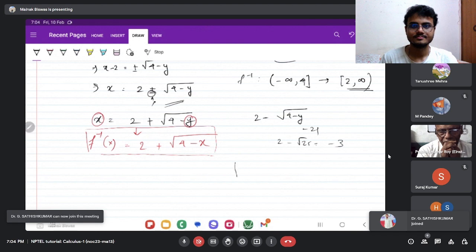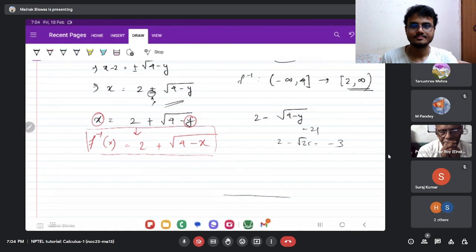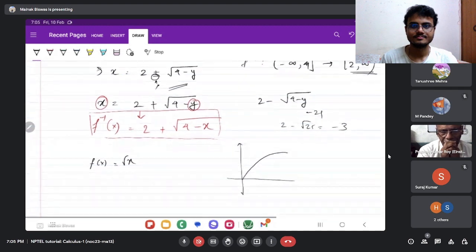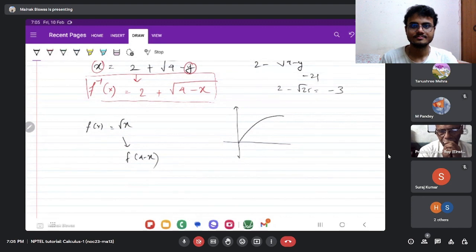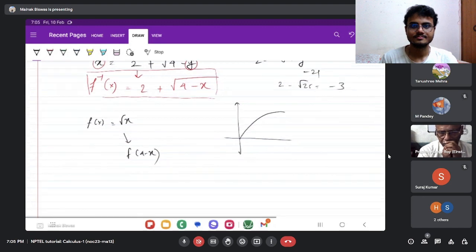So please someone tell me how to plot this one. So do you remember how did we plot root x and all the transformations? This was your root x function, right? Similarly, so 4 minus x, so if we change this to f of 4 minus x, it's centered about 4 and going in the opposite direction, right?